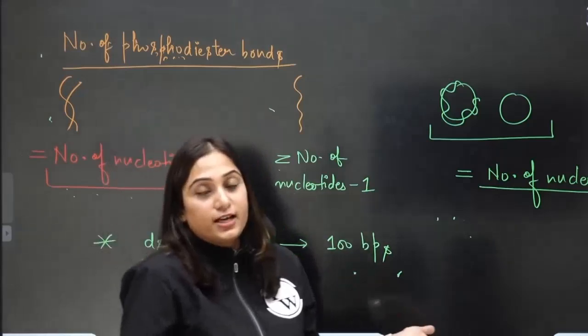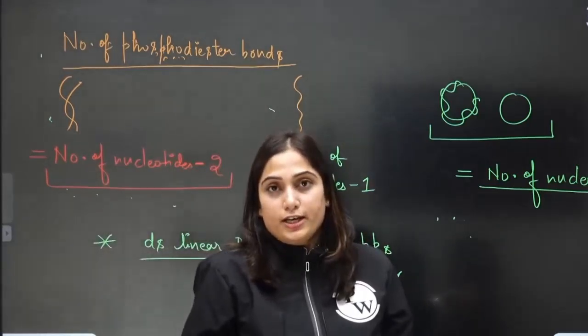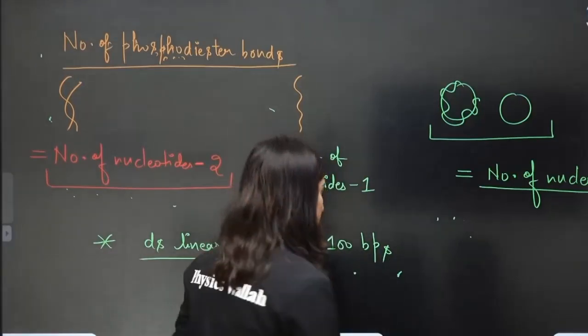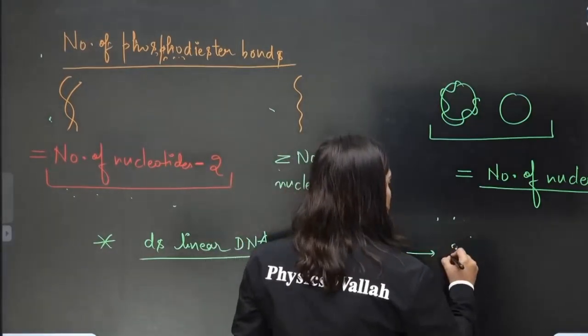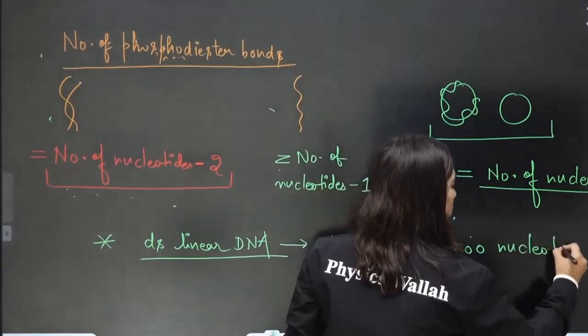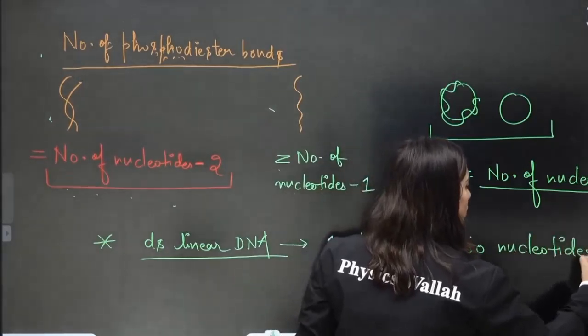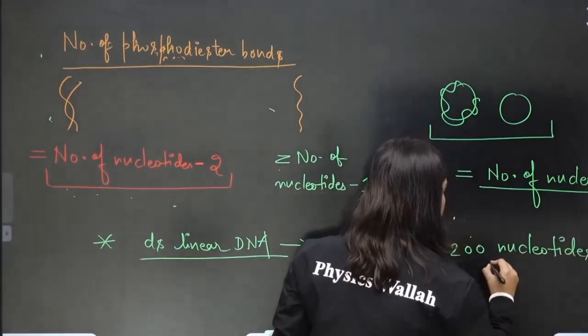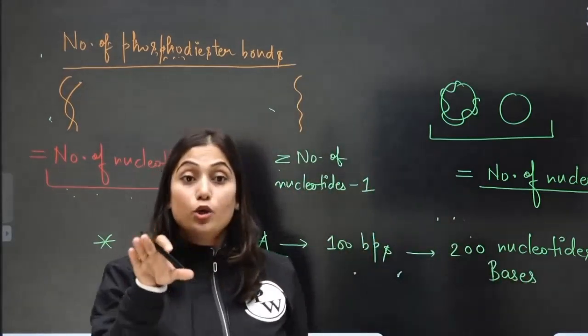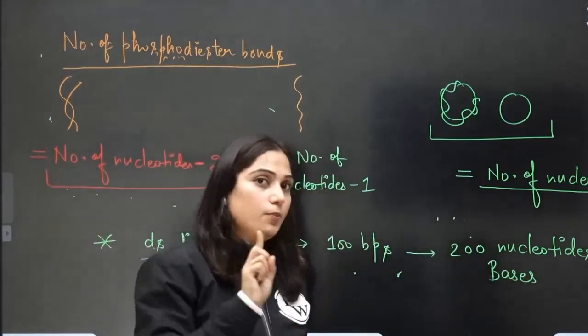So first, convert it into the number of nucleotides. That is 100 into 2, because one pair contains 2 nucleotides. So 100 base pairs will have 200 nucleotides, or 200 bases, not base pairs.